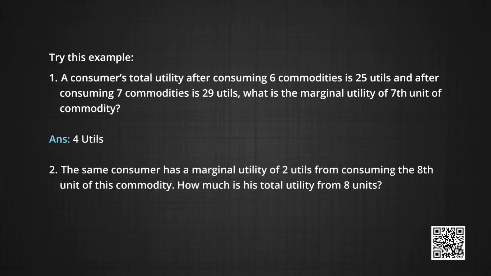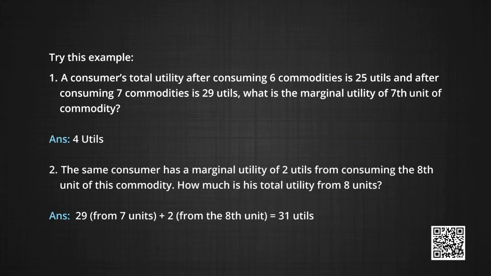The same consumer has a marginal utility of 2 units from consuming the 8th unit of this commodity. How much is his total utility from 8 units? The answer is the sum of 29, which he has got from the 7 units, plus 2 utils from the 8th unit, and that makes 31 utils in all.